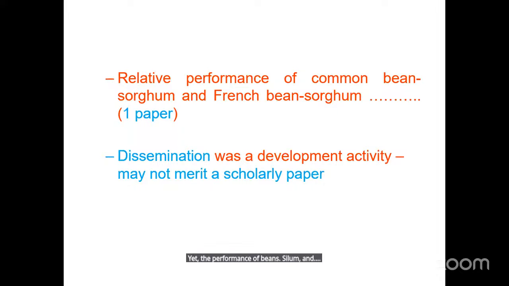A paper that compares the two intercropping systems. Because at the end of the day, maybe we want to recommend to a farmer which combination works best for them. So we have a paper that now is comparing those two.